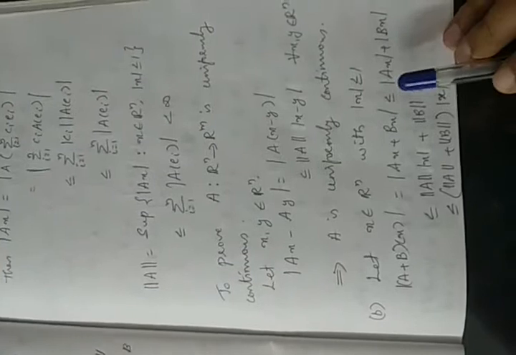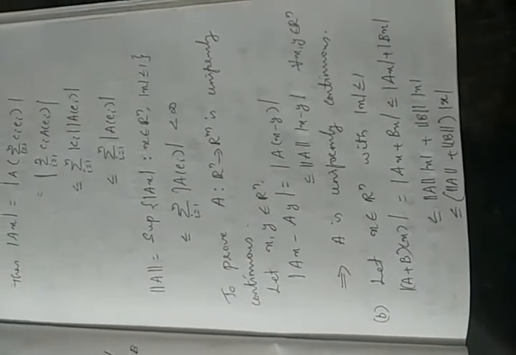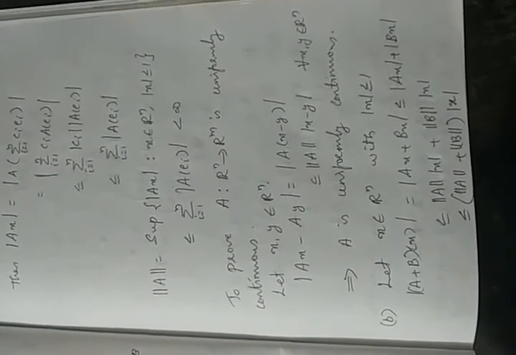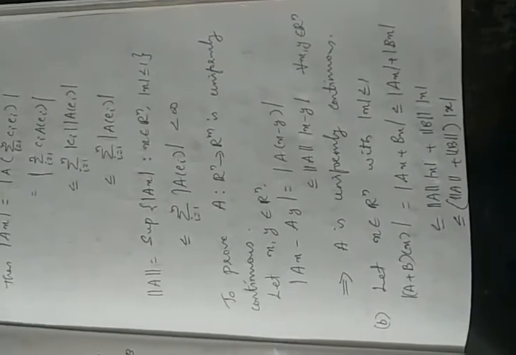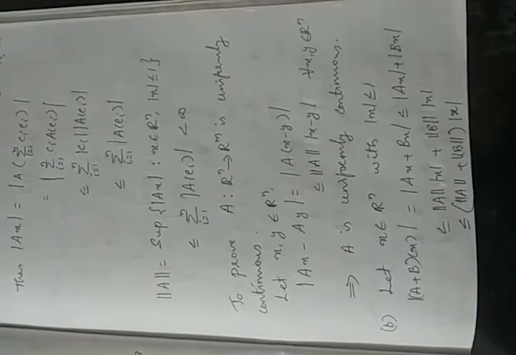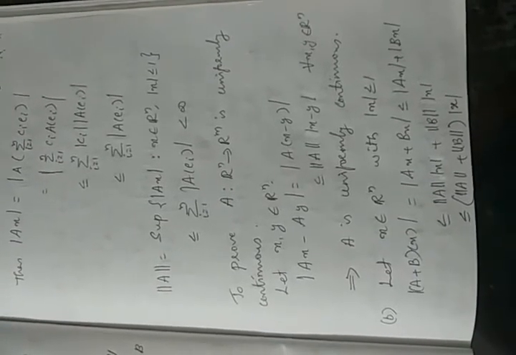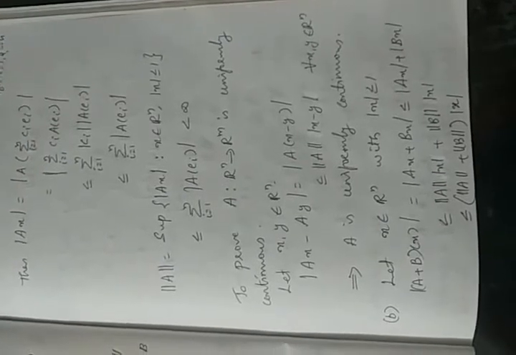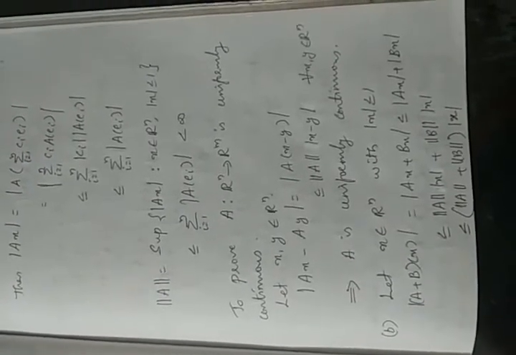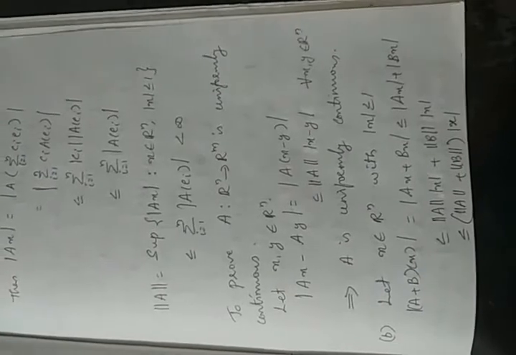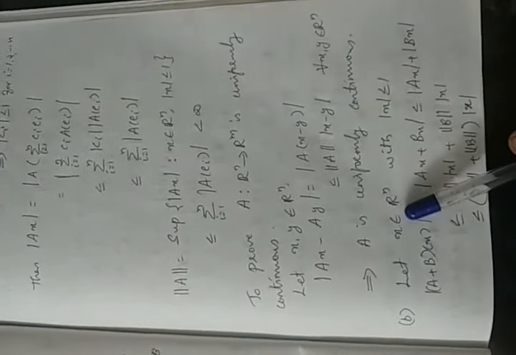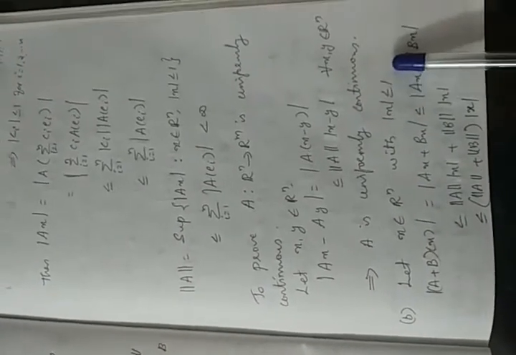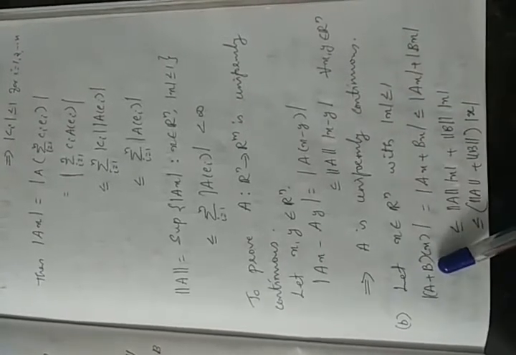In the B part, we have to prove that if A and B are linear transformations from R^n to R^m, then norm of A plus B is less than or equal to norm of A plus norm of B. So, in order to prove that, we consider any vector x of R^n with mod x less than or equal to 1. Then we consider modulus of (A plus B) of x.